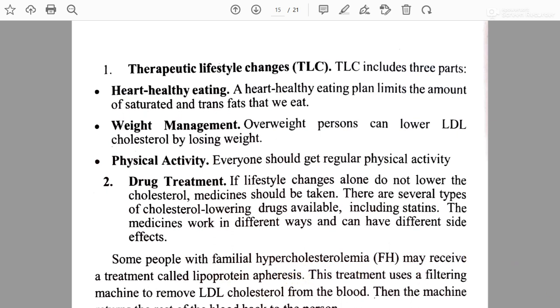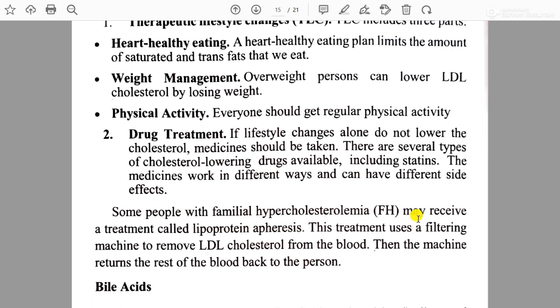This treatment uses a filtering machine to remove LDL cholesterol from the blood, and then the machine returns the rest of the blood back to the person. So in such cases this treatment is also used. So these are the major portions included in HDL and LDL.